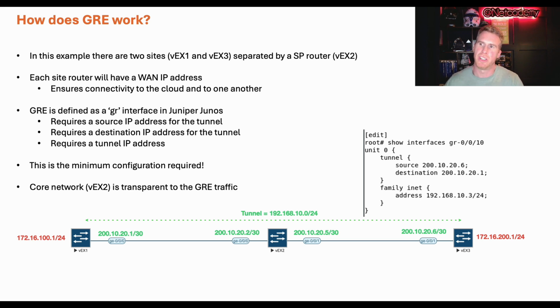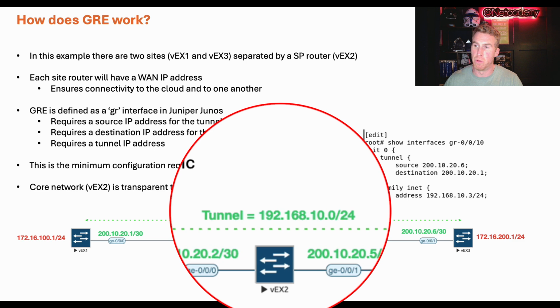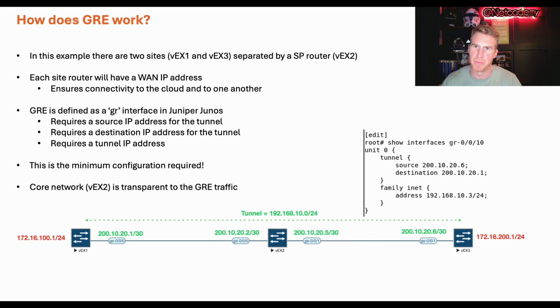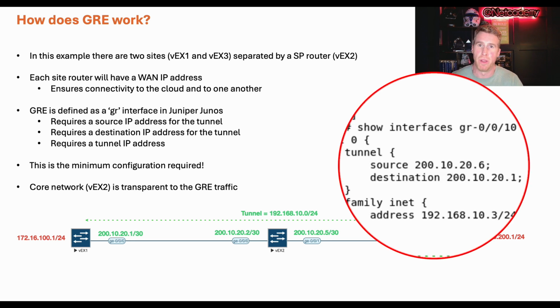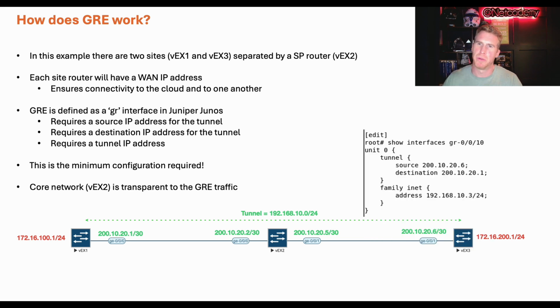What you actually do is define the tunnel, as you can see here, to have a subnet mask and an IP address that falls within the 192.168.10.0/24 network. And when it comes to configuring, regardless of vendor, you say, what is the source IP address of this tunnel? And what is the destination that I actually need to get to? What's important here is that the destination IP needs to be known. It needs to be advertised somehow.